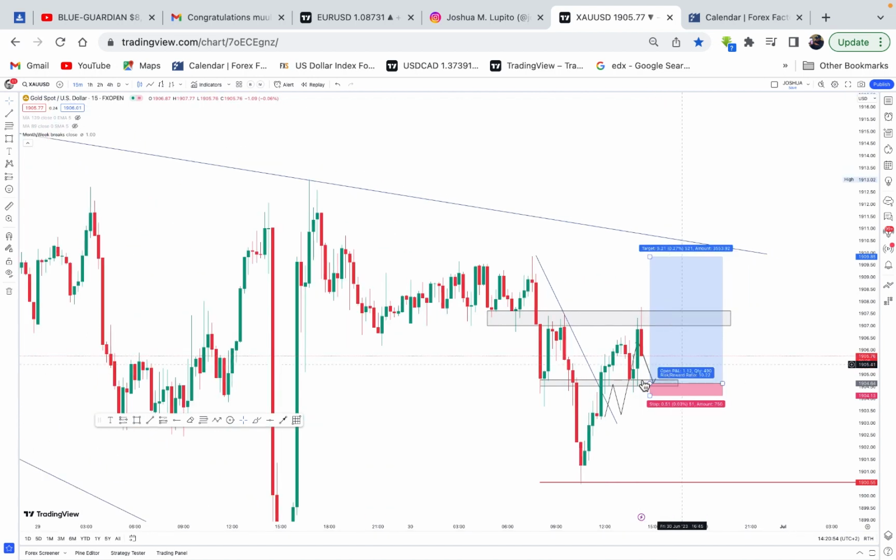Talking of gold as well, you can see it went in our favor, just as we anticipated. We anticipated for it to break above and come back to that particular point. You can see our trade was activated, although I never took this trade and I didn't share it with anyone. But from the start of this video, you can see the before and the after. It's still a sensitive zone, and we'll see what reaction it will give us to push to the upside.